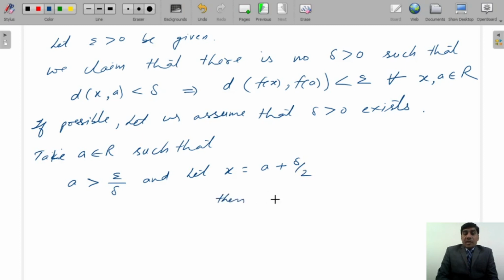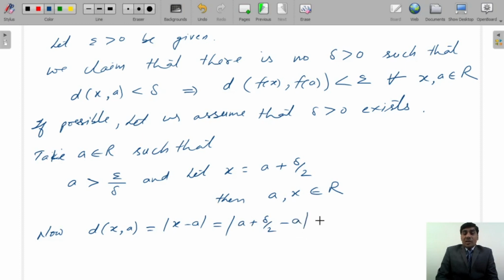Then A and x both belong to R. Now distance between x and A is equal to modulus of x minus A, is equal to modulus of A plus delta by 2 minus A, which is equal to delta by 2, which is less than delta.